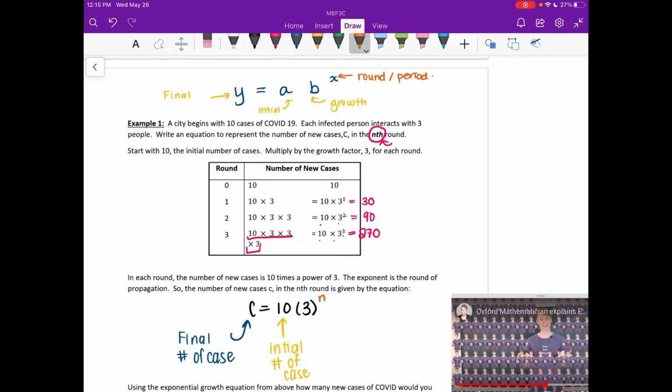That's how much it goes up by each time, so I'm going to write that as growth value. And it's an integer number greater than 1, so that we know it's going to be exponential growth. And then last but not least, n is the doubling time, or however long it takes, a round of propagation. It's a fancier way of saying every 5-day period.